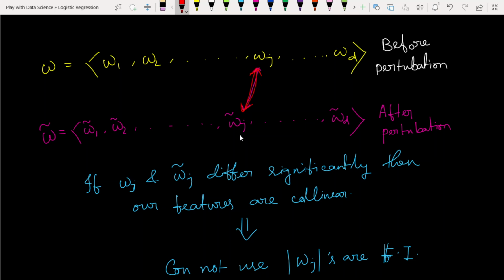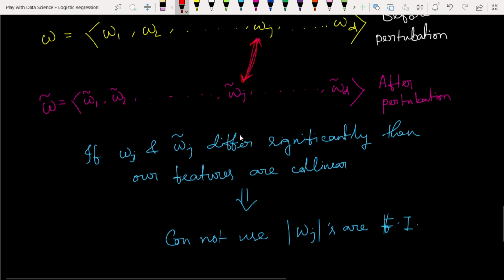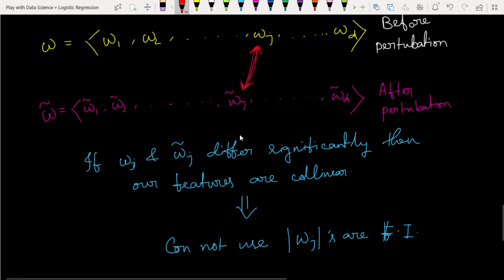If they do not differ significantly, meaning both are approximately equal, then we can conclude that our features are independent. If our features are independent, then we can use the norm of wj as feature importance. Otherwise it will not work here.